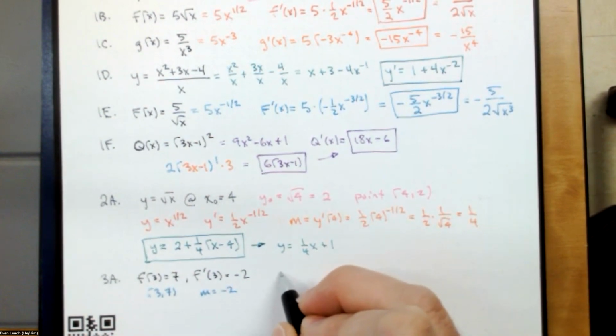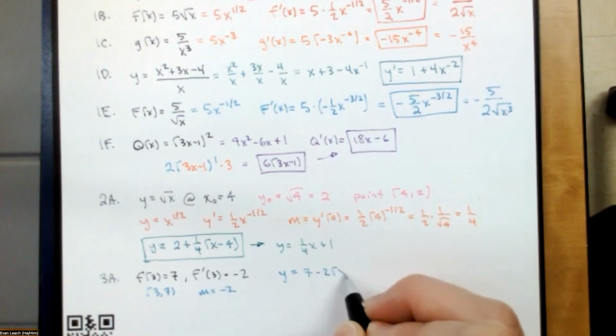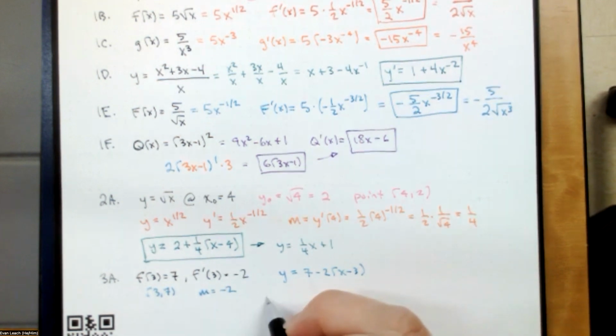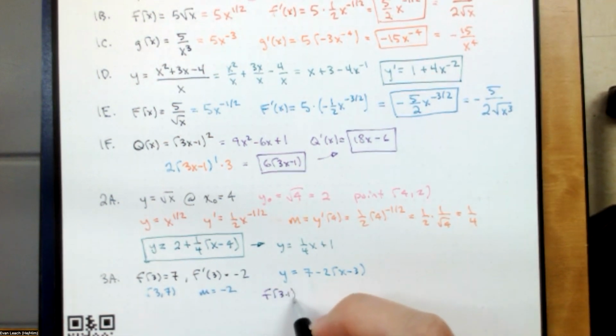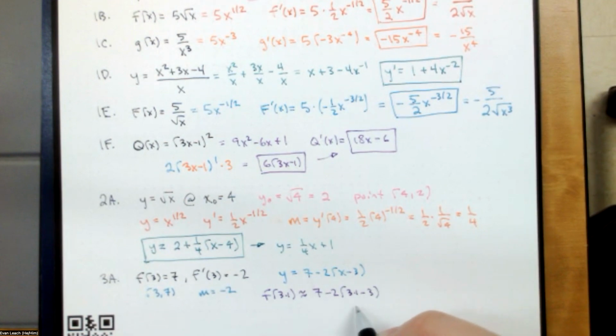So I can put this into the equation of a tangent line as 7 minus 2 times (x minus 3). Then to approximate f of 3.1, I could just plug the 3.1 into the tangent line. 3.1 minus 3 is 0.1, times 2 is 0.2. 7 minus 0.2 is 6.8.